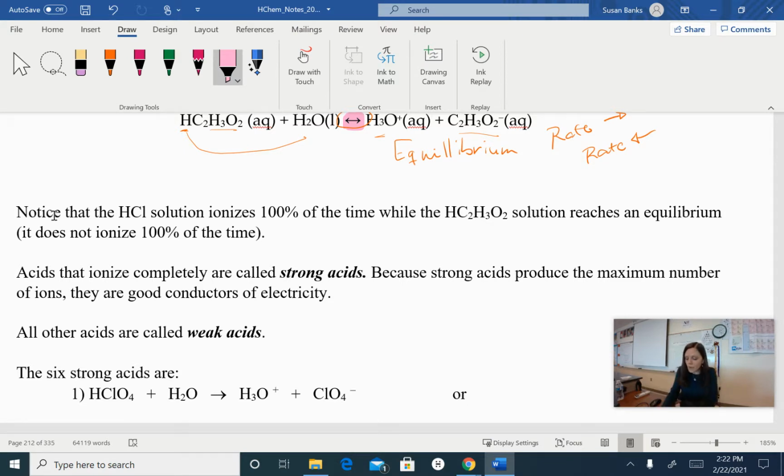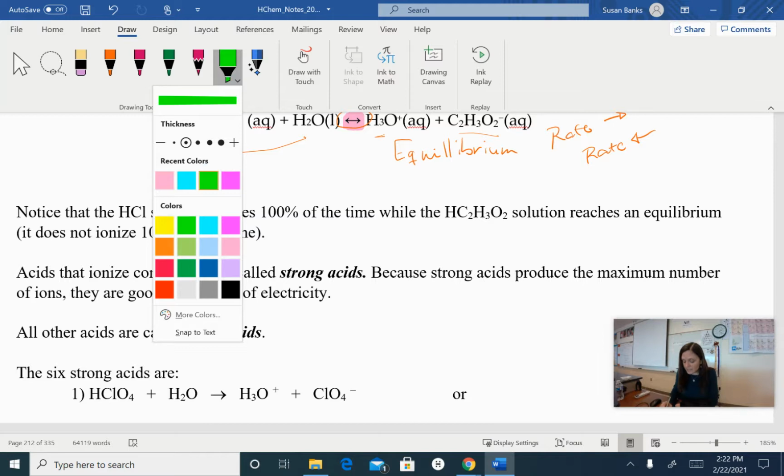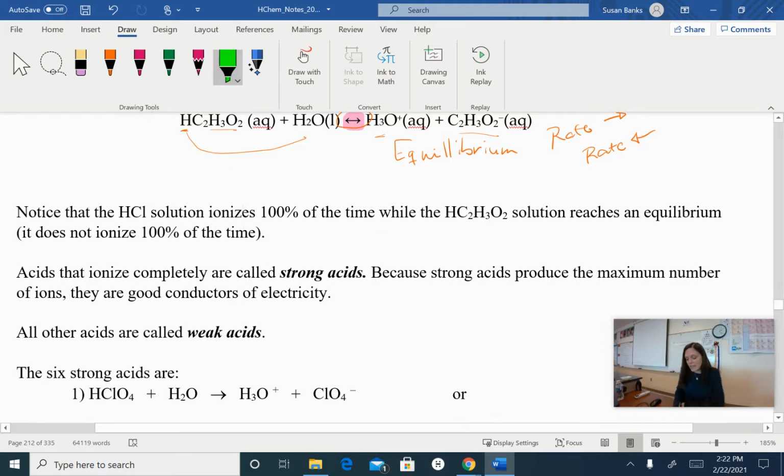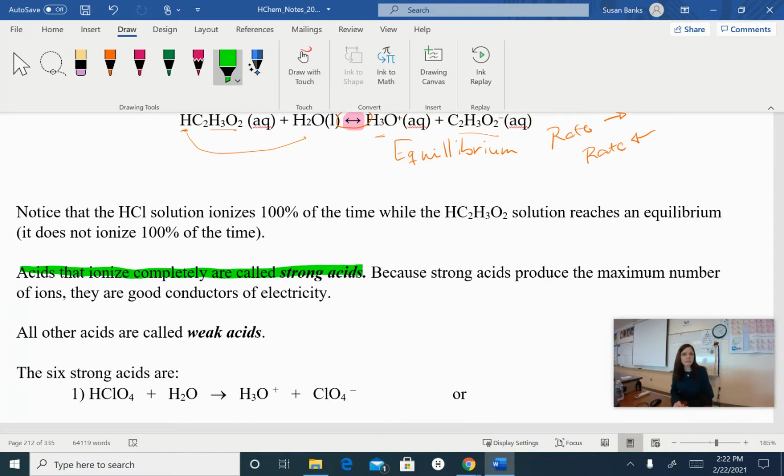So what determines whether an acid is a strong acid is whether it ionizes. So acids that ionize completely are strong acids. So in order to be a strong acid, I need it to ionize completely. It's going to just make ions when we put it in water.